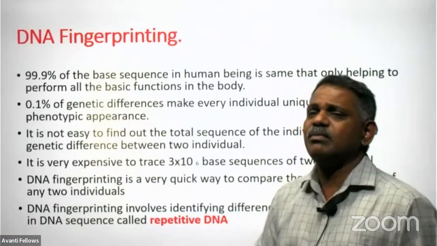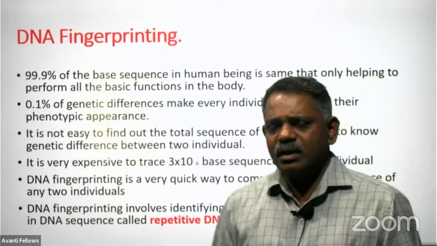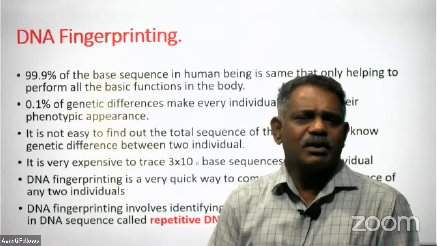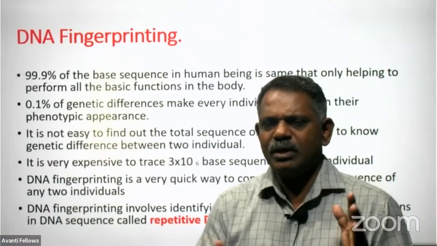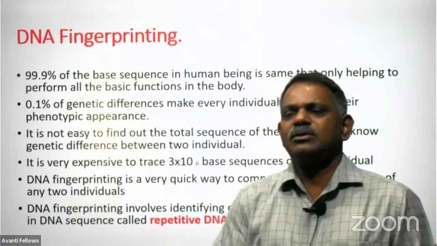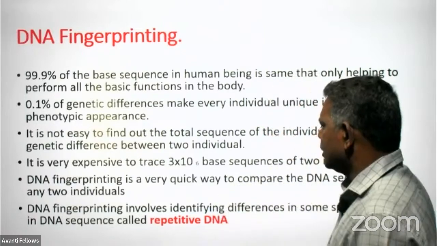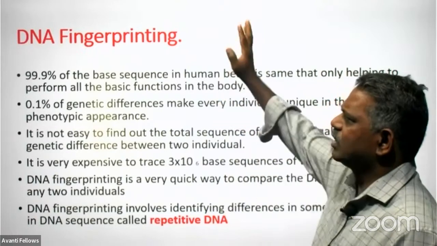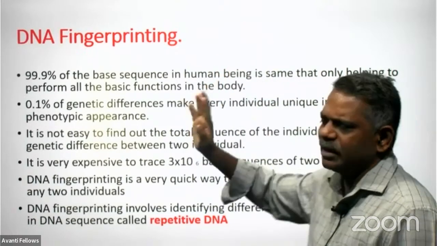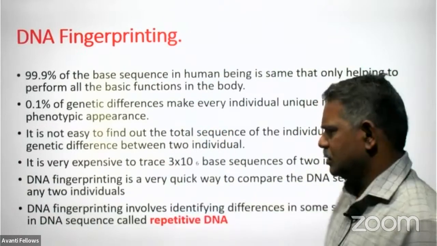They are not coding for any protein, but still they are there. They occupy most of the areas of our chromosomes and are necessary for determining structure, but are not coding for any kind of enzyme. The repetitive sequence of DNA is what we use for analyzing the genetic difference or similarity between two individuals.